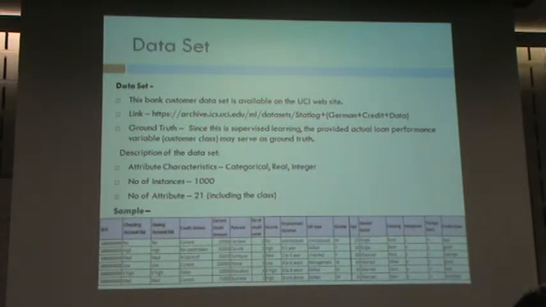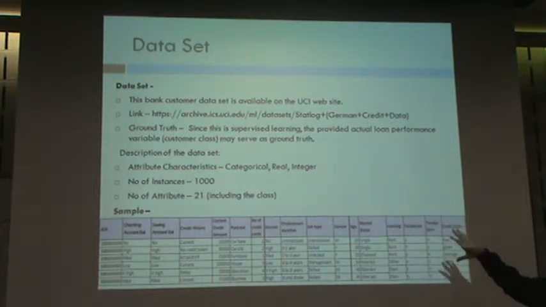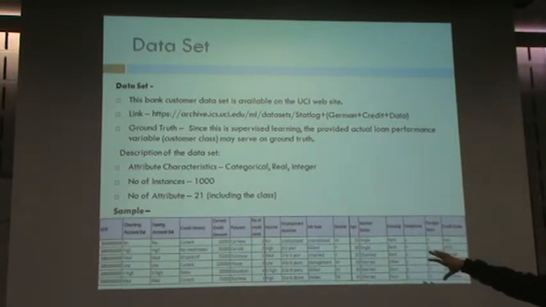The description of our data set is that we have a total of 20 attributes, but we're going to use the more important attributes among those 20, and we have 1,000 rows in our data set. Here is the sample data set, which is the same as our actual data set.